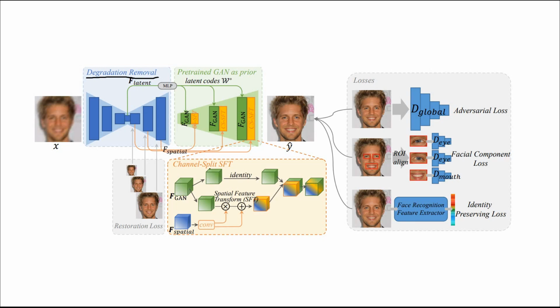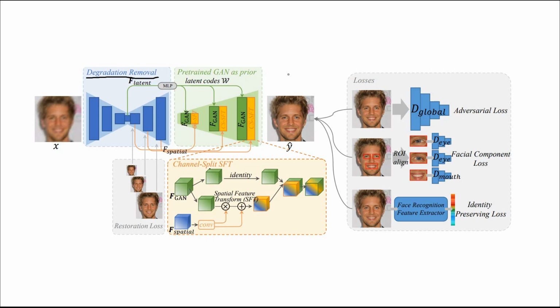How can we do that? We will use a pre-trained GAN to create this high quality image. Here we will use, let's say, StyleGAN, which was trained previously on a large dataset, and we can use it to create high quality faces.